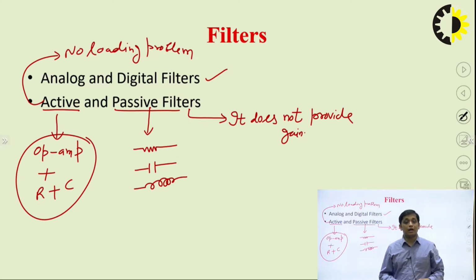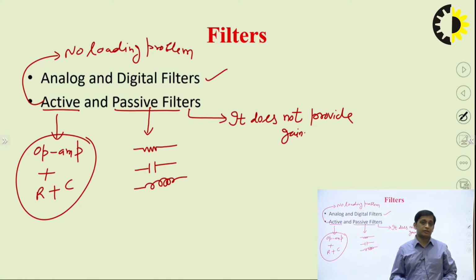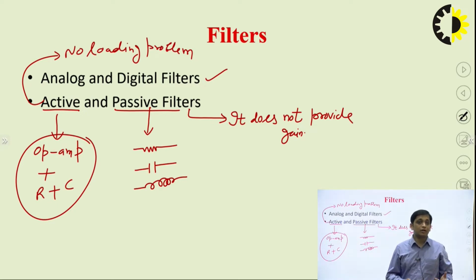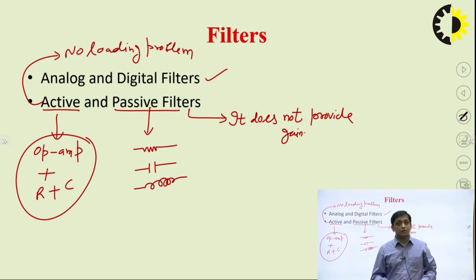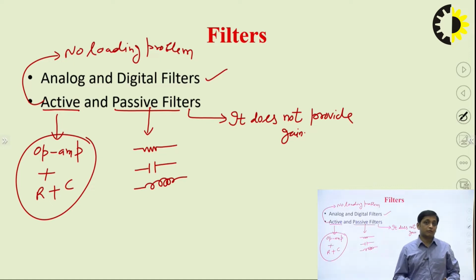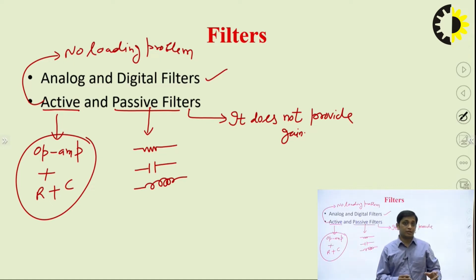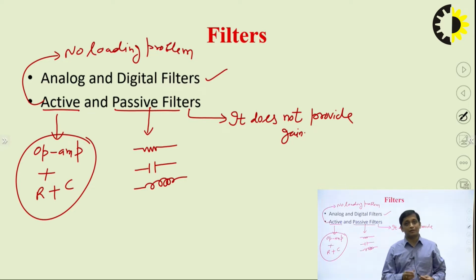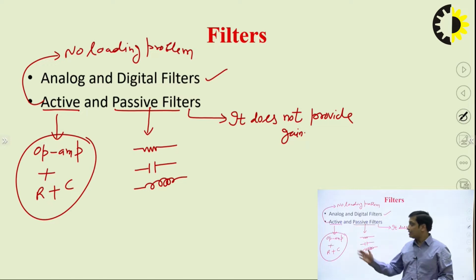Similarly, another limitation of the 741 IC is speed. The slew rate is not good for the 741 IC. So for high speed applications, we require other op-amp ICs like the LM318. The point is that if there are issues with the gain bandwidth product and slew rate of the op-amp, then obviously there will be issues with the filters also. That is one of the limitations of the active filter.